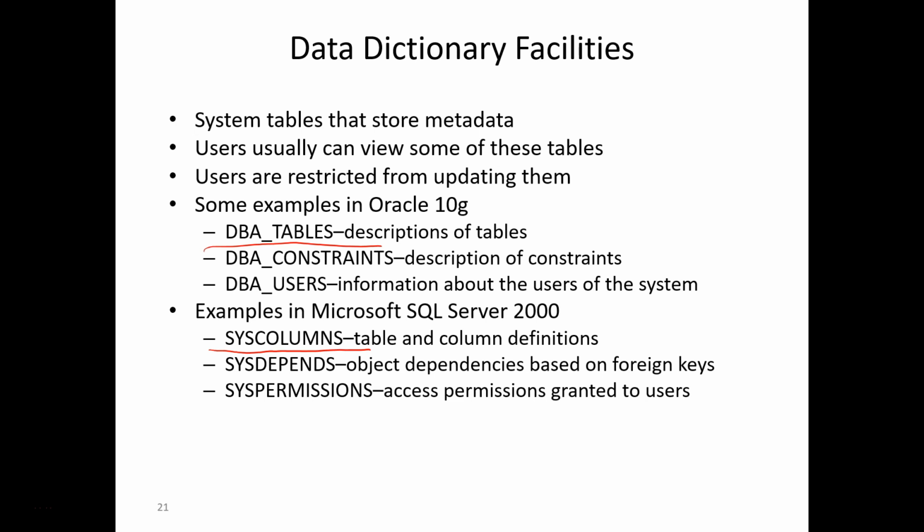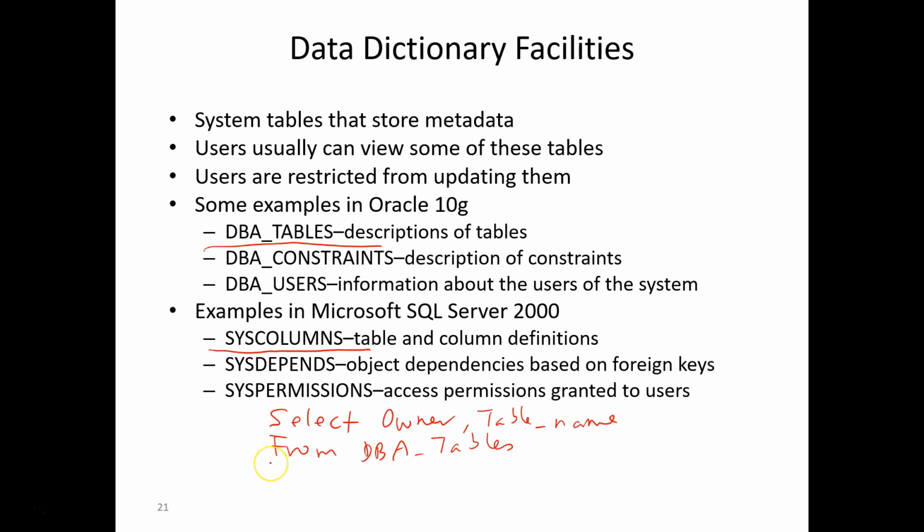You can use the select statement to access data from these tables. So for example, to identify the owner of certain database tables in Oracle, you can issue a statement like this: select owner, which is one of the fields of the DBA_TABLES, and table_name, which is another field in that table, from DBA_TABLES, which is the name of the system table.